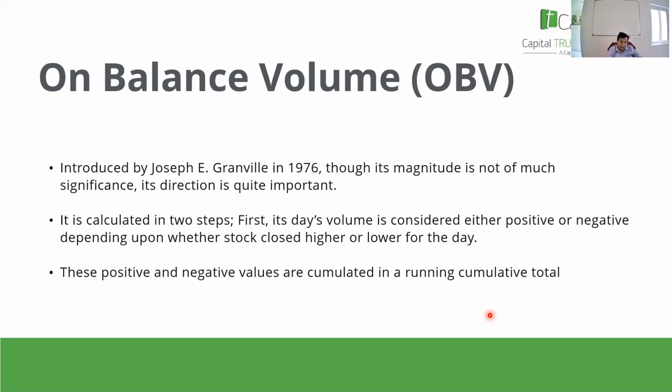On balance volume, 1976 by Joseph Granville. The magnitude is not of much significance, this is very easy. This is for any illiterate person who doesn't like to calculate, who hates numbers, who got punished every day for arithmetic at school.